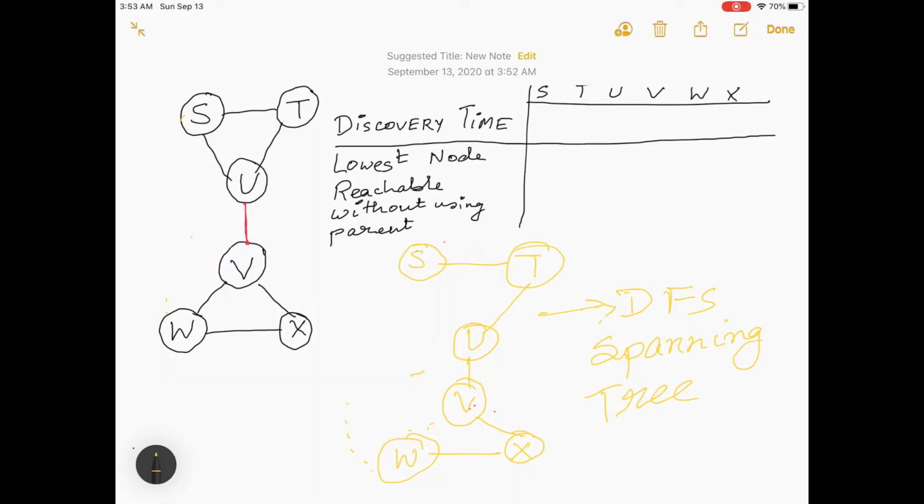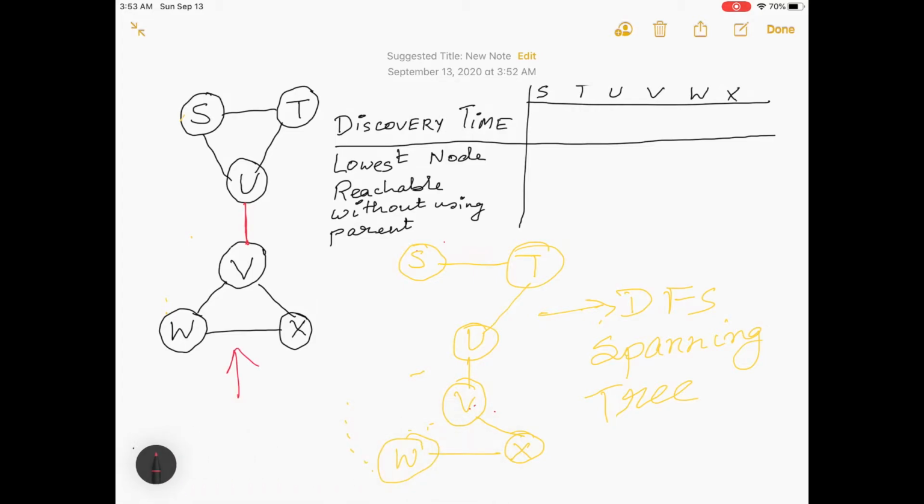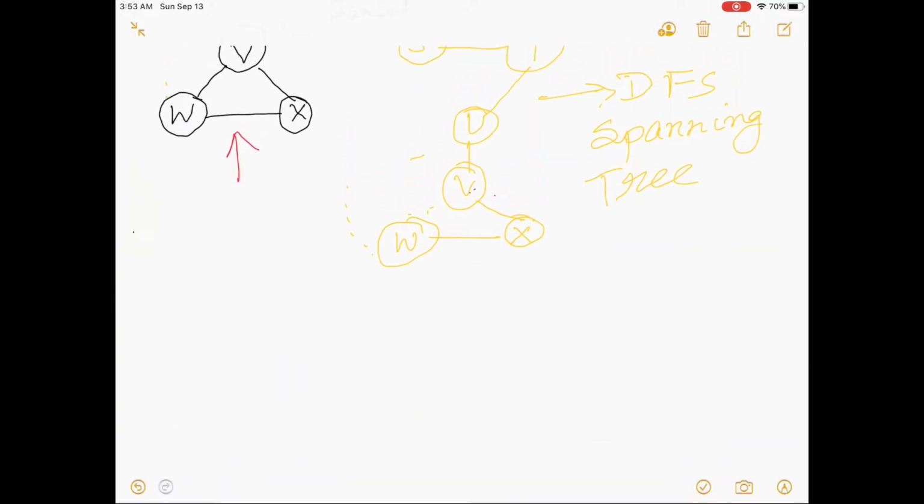So let's recap what we just discussed. We have this given graph, and from there we are trying to find out all the bridges.